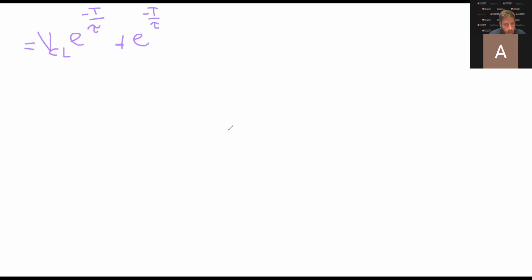I'm going to pull out the 1 over tau V sub L. And then what remains in that integral is the integral from 0 to capital T of just e to the t over tau dt. So before I go on, we have to make sure that we got that first integral correct.